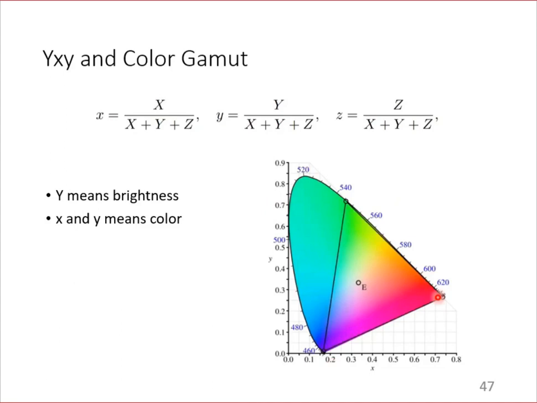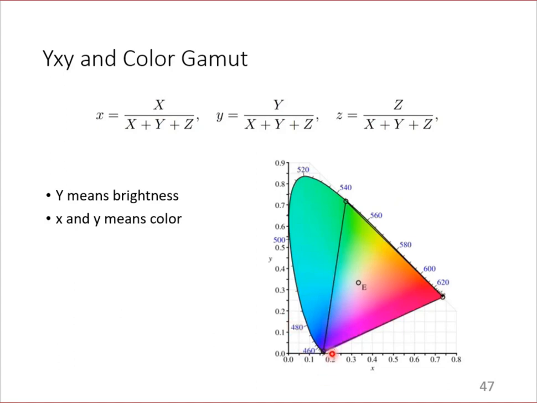So have you seen the figure before, the color gamut? No, not yet. Okay, never mind. So see the number 460, and this is 620. This is all types of light our eyes can observe.